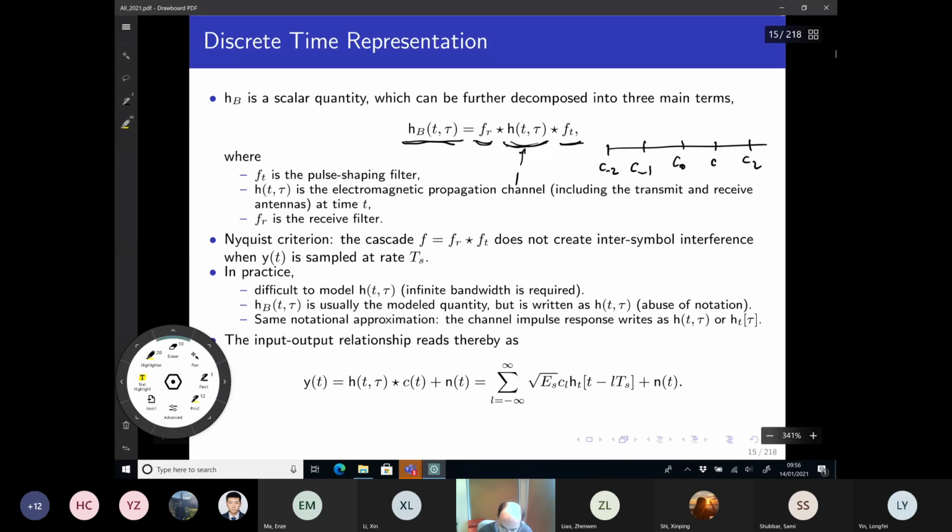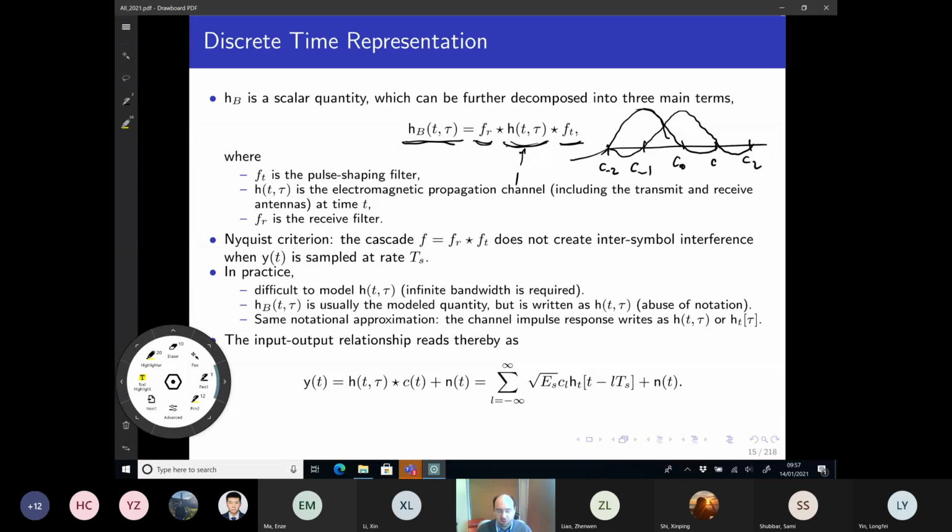If you have some good filter that wants to avoid the interference between symbols, essentially you're going to end up with something that looks like this, right? And then here you're going to have a waveform that will be superimposed on C minus 1, on C0, on C2.